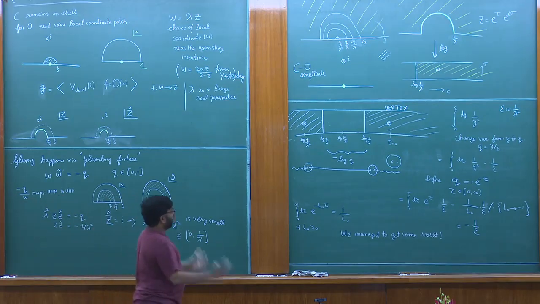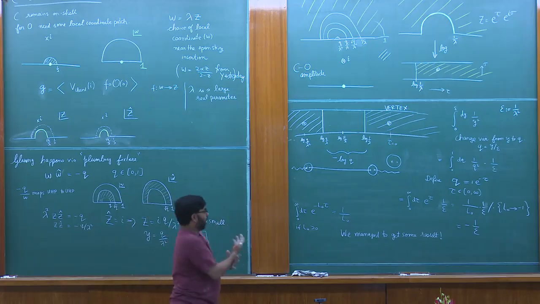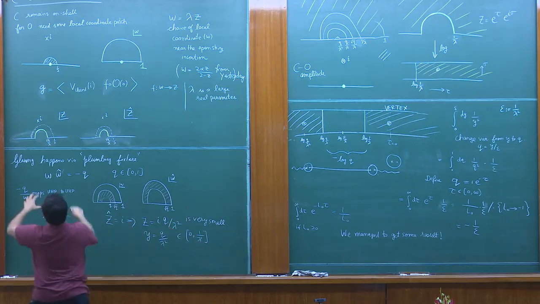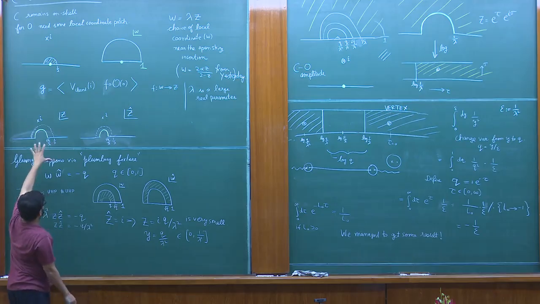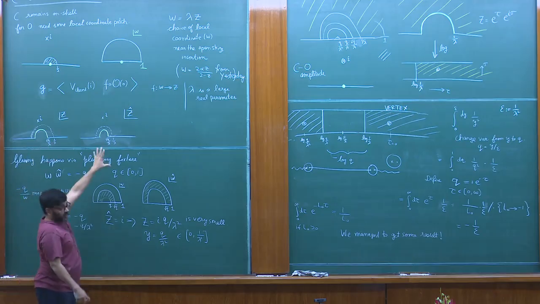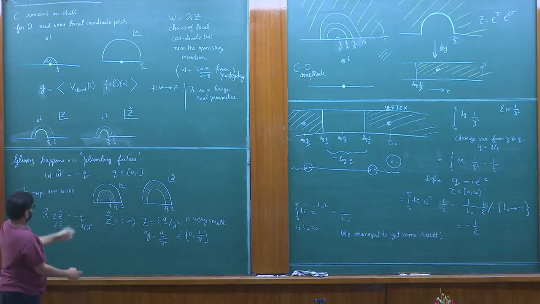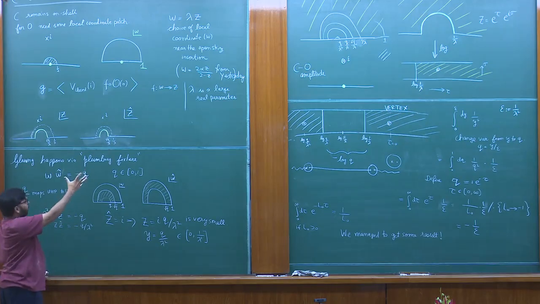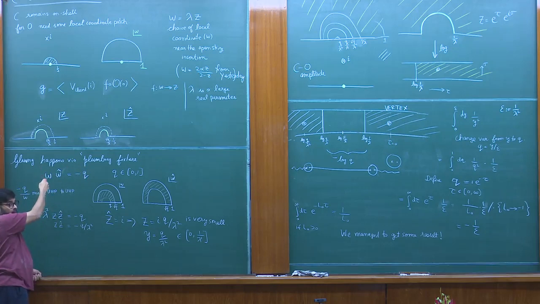That you can really calculate a finite number even though you had this divergence from 0 to epsilon by doing this process. Okay? And I really want to emphasize this picture, that you have some CO interaction vertex plane, some other plane, you have two vertices, and this plumbing fixture maps big regions in one plane to small regions in the other plane. So this whole thing gets sucked into a small region.